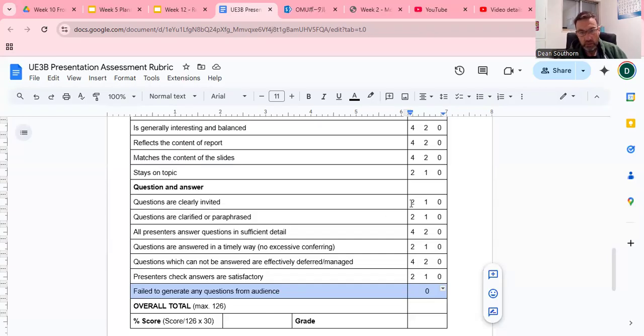There is an awful lot of points here, 8, 10, 16 points, that if nobody asks you questions, you will get a 0, because that reflects on you. You haven't made it interesting enough or clear enough to generate questions.